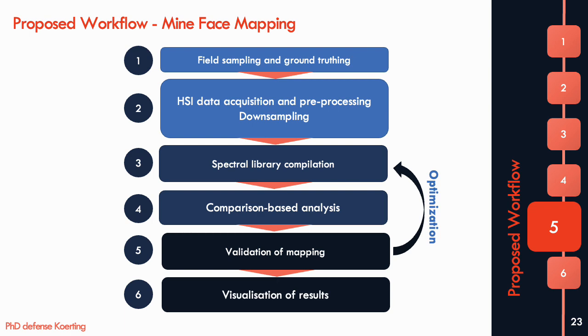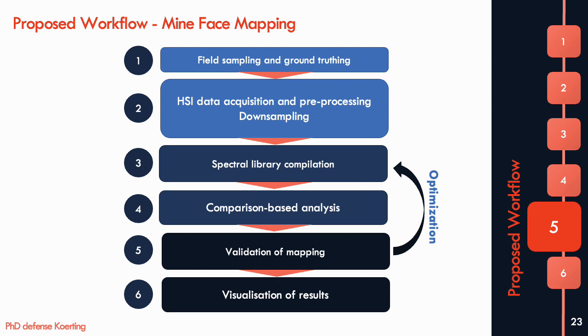So this already brings me to my proposed workflow for MineFace mapping. So when you're actually in the lucky position of being in front of the MineFace with a hyperspectral sensor at hand, these are the 6 different steps that I would advise to follow. The first one is a very thorough field sampling and ground truthing, including a geochemical analysis. The second would be the HSI data acquisition and pre-processing and downsampling.